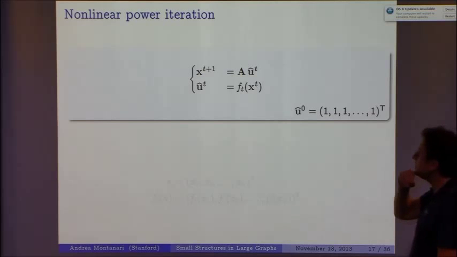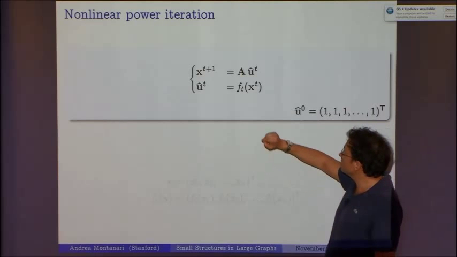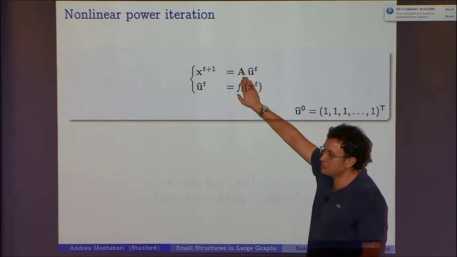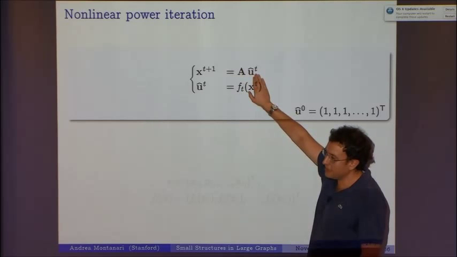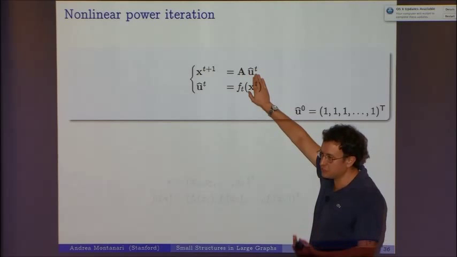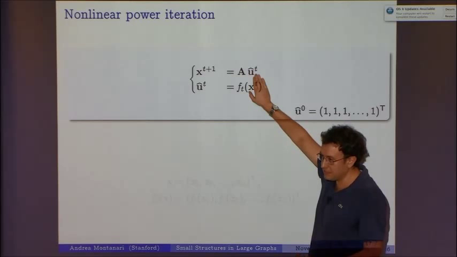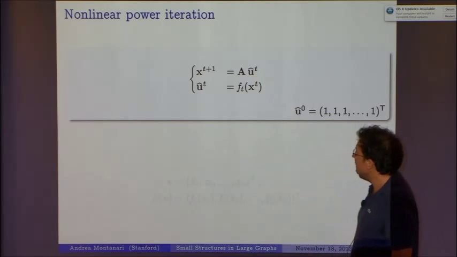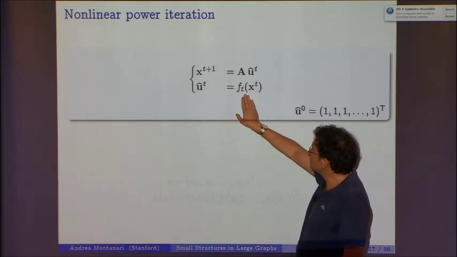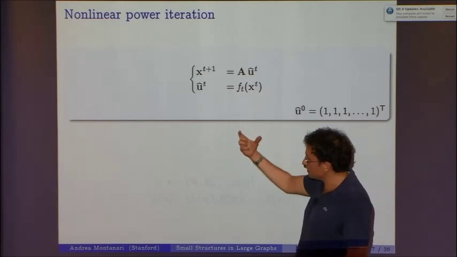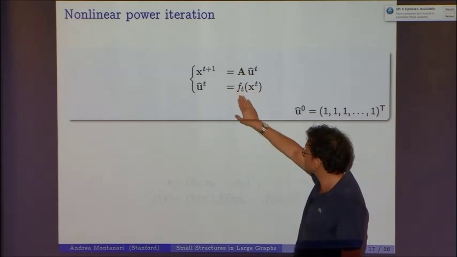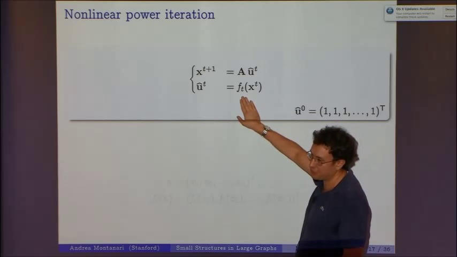Okay. So what is the idea of nonlinear power iteration? The idea is the following. Take the normalized adjacency matrix, hit a vector with it. Ideally, this should correlate with your leading eigenvector, but then somehow use the fact that x, the leading eigenvector, is known to be sparse by applying some nonlinear function.